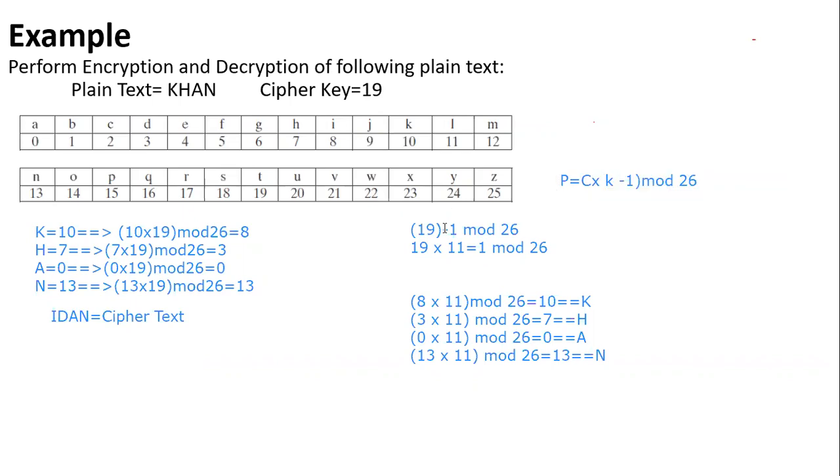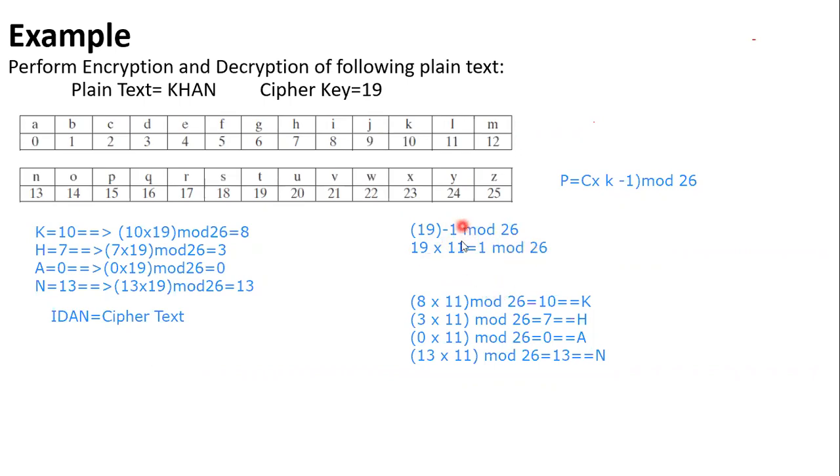After the calculation, 19 inverse mod 26, that is actually the inverse function, I have found a tricky number, that is 11. When we multiply it with 19 and divide it by 26, the remainder is 1. So we have 11 as the inverse of 19 in modulo 26.